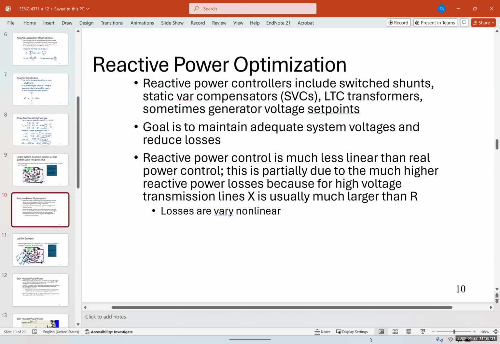Reactive power is much harder to optimize than real power because the relationship between Q and voltage is highly nonlinear, especially when you get close to voltage collapse. The other thing is reactive power does not travel efficiently over long distances. Why? Because transmission lines have much larger reactance than resistance. So reactive losses are higher.